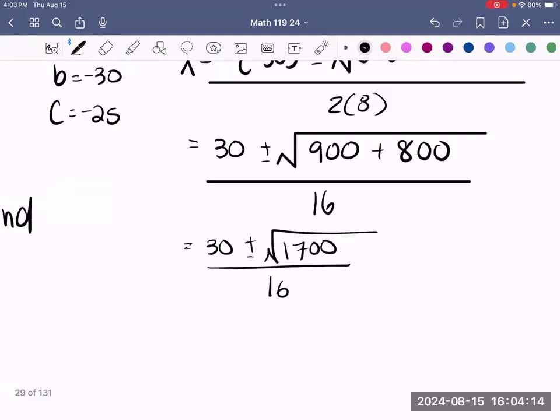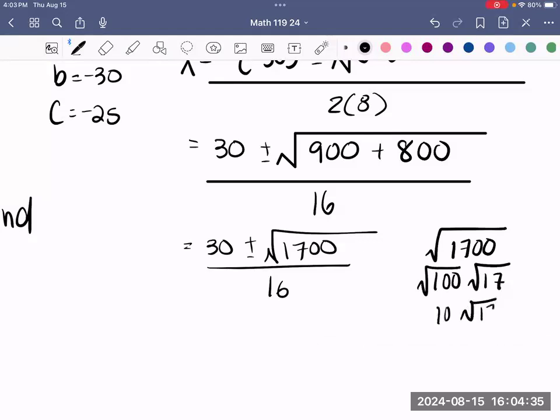And before you're like, oh yeah, we're done, what do you know about the square root of 1700? Well, can we simplify that a little bit? Really, this is 17 times what number? 100, right? What's the square root of 100? 10 times the square root of 17.